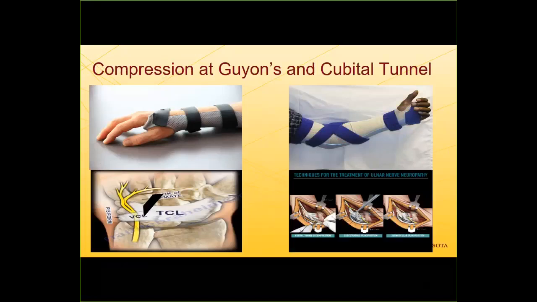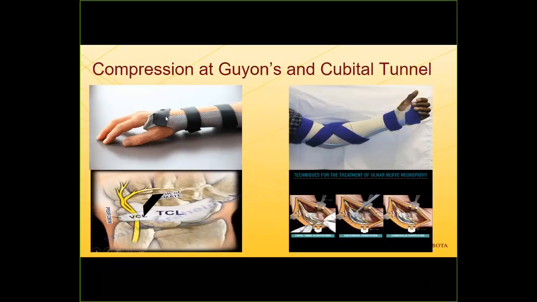It can also be cut or transected in that area, like the median nerve can be. It's prone to being injured there as well. So when it's just being compressed at the level of Guyon's canal, like with the median nerve, we as an OT might help to decompress it by keeping them out of those awkward postures that compress the nerve.